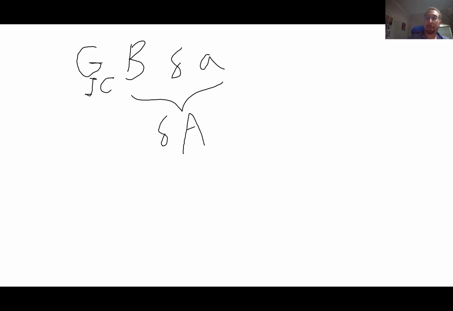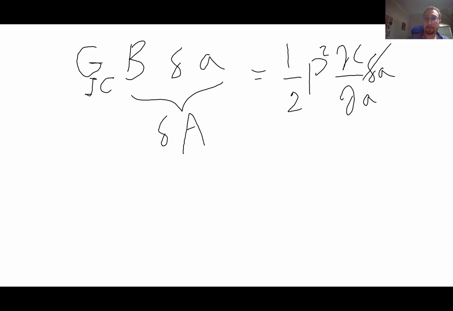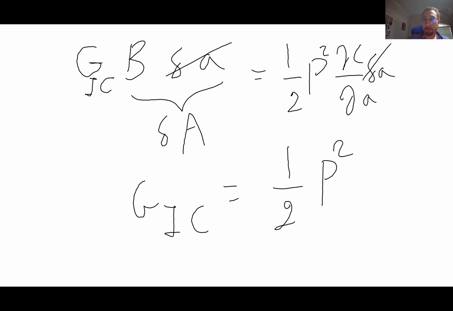And so if I set this equal to 1 over 2 P squared dC/dA delta A, this delta A and this delta A go away with each other, and I get GC equal to P squared dC/dA divided by B, right?